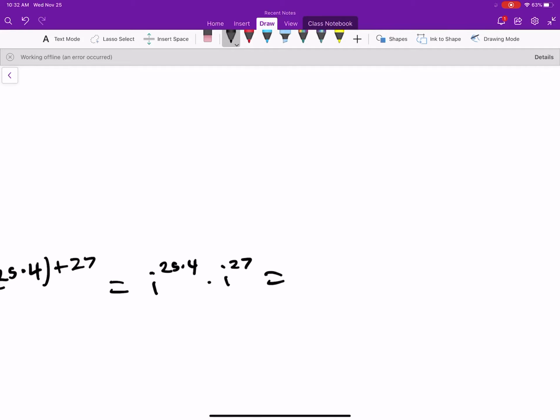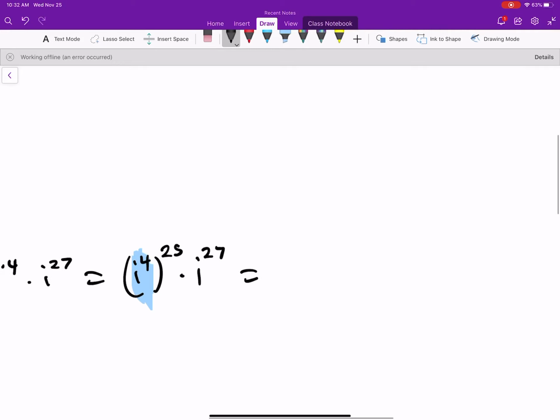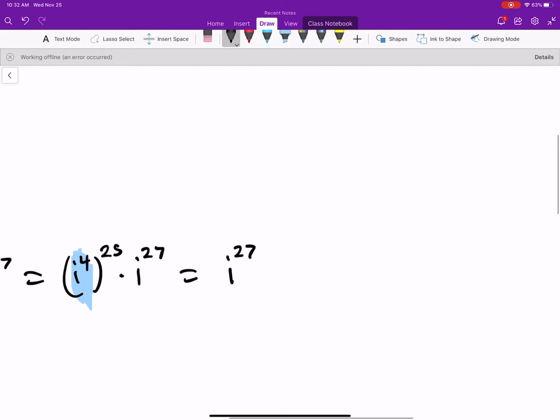Then we could go on to say i to the 4th to the 25th times i to the 27th. And then we know that this is 1, so 1 to the 25th power is just 1, so we end up with just i to the 27th, and we can repeat this process.